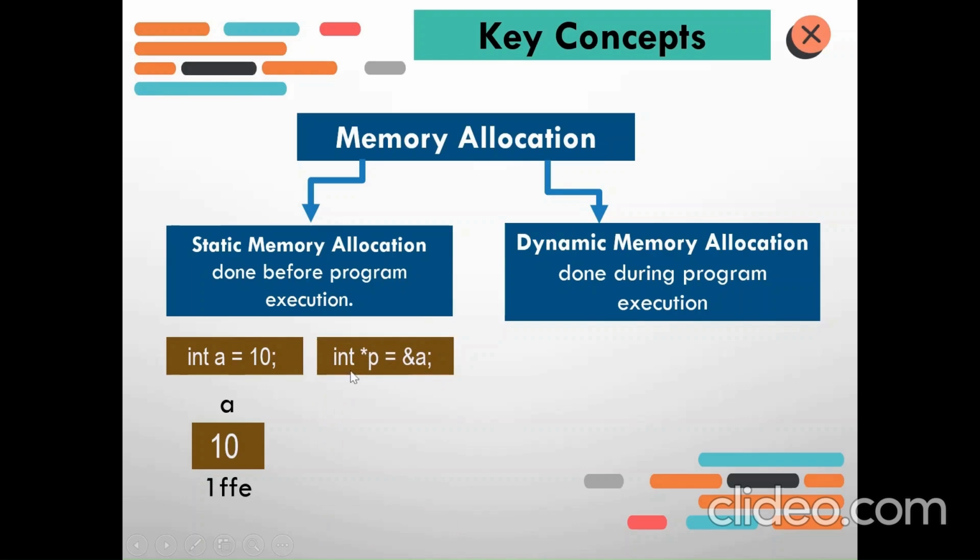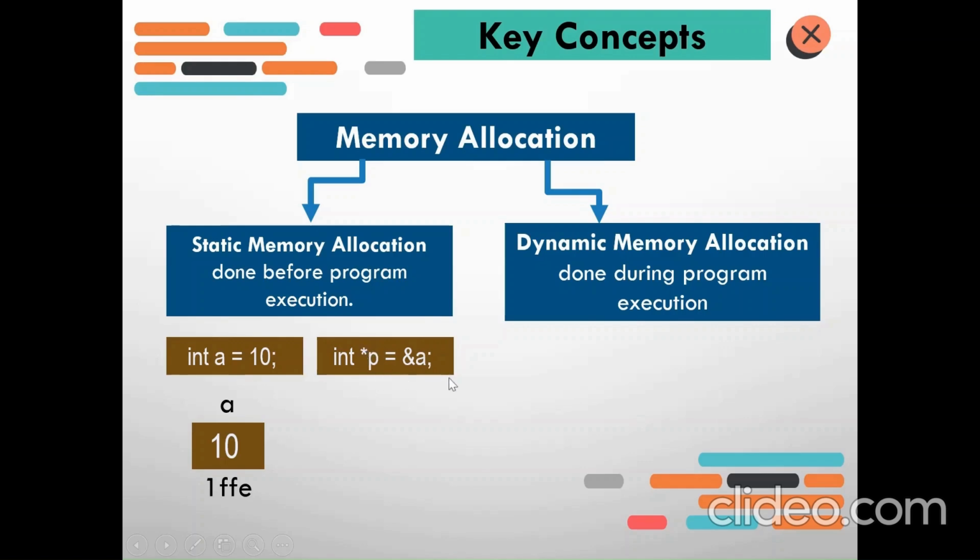So if I have another variable p, since you know that a pointer variable is prefixed with an asterisk sign to mark it as a pointer, and a pointer stores the address of other variables. So that is what I am doing here. I am assigning the address of a to this p. Since I am assigning the address of some variable, it makes it a pointer variable, so we declare it as a pointer variable.